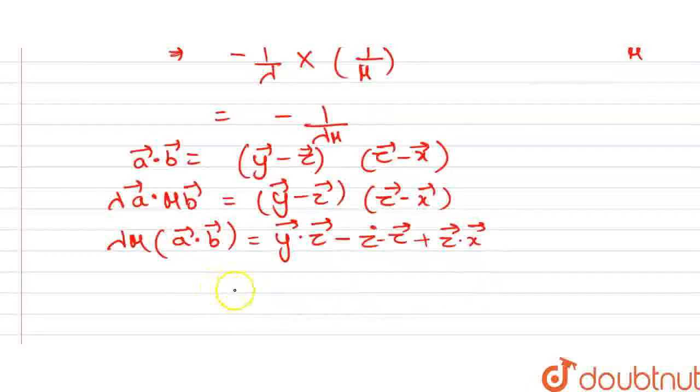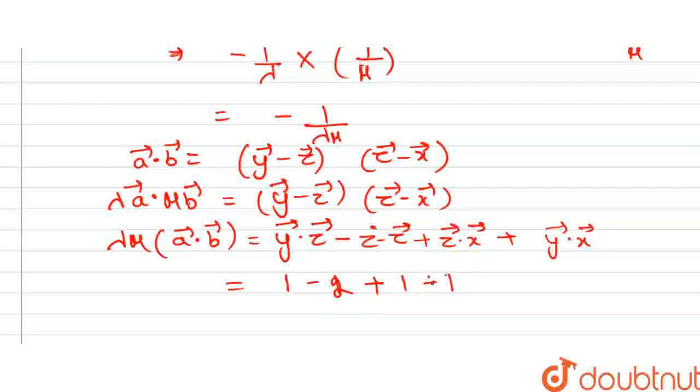So we get here this is equal to, here is 1 minus 1, here is y vector into x vector also. So we get here 1, here is 2 minus 2 plus 1 and minus 1 here.